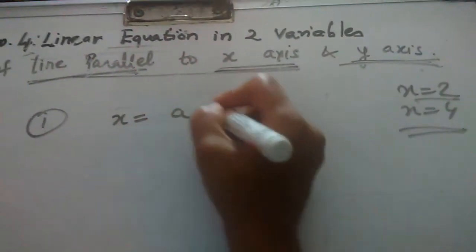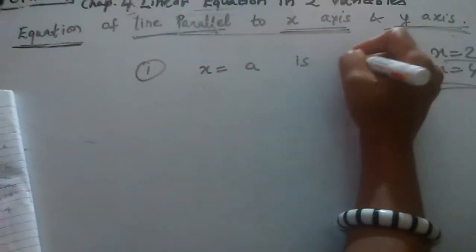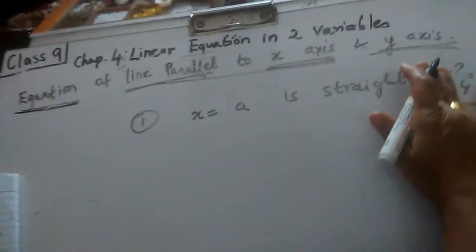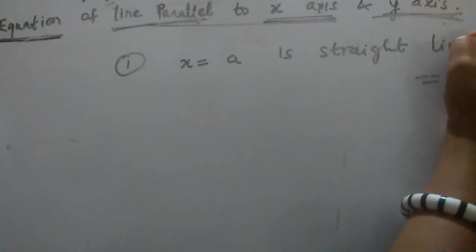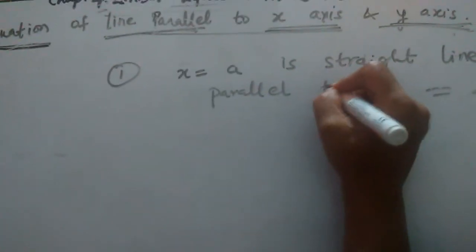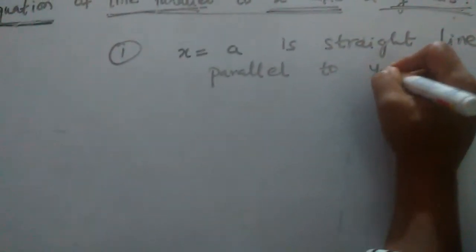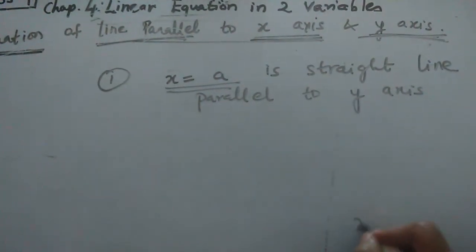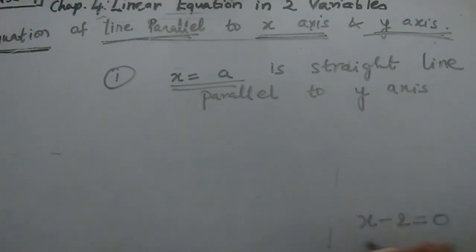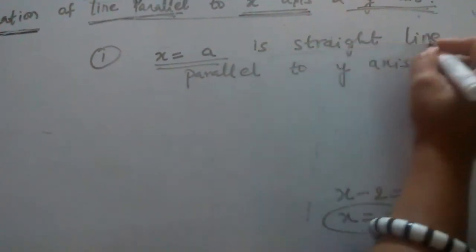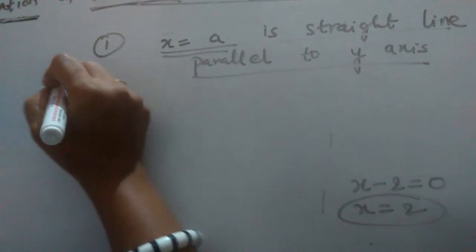Okay, so what is x is equal to a? It is a straight line parallel to the y-axis, right? We have drawn this line, right? If the line is of the form x is equal to a, suppose x minus 2 is equal to 0, so x is equal to 2, such a type of line.